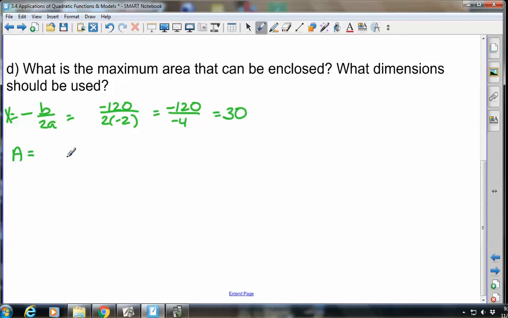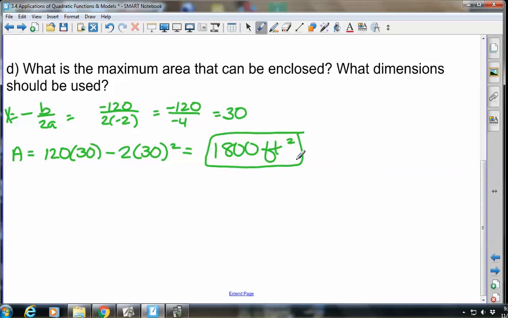Is that the area itself? Alright, the area is 1,800 square feet.